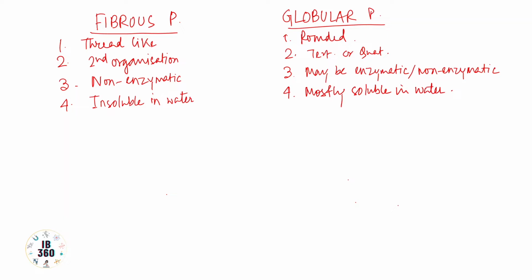Fibrous proteins usually act as structural proteins because they are tough, while globular proteins are found in the blood, for example serum globulins. Here let us write some examples. Keratin of skin and hair, also myosin of muscles, elastin of connective tissues.